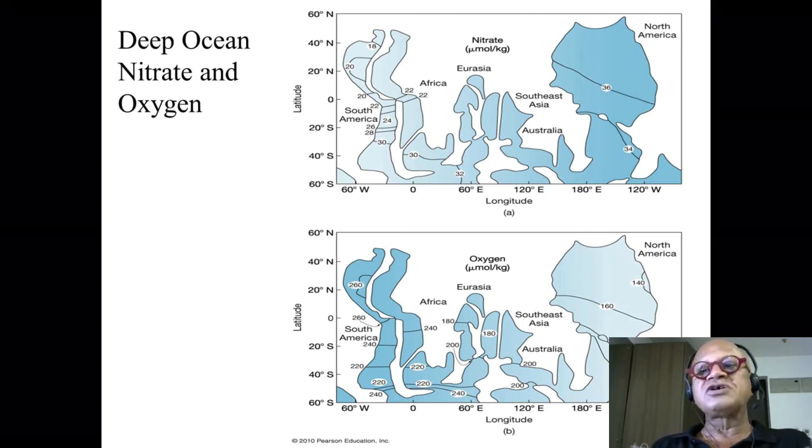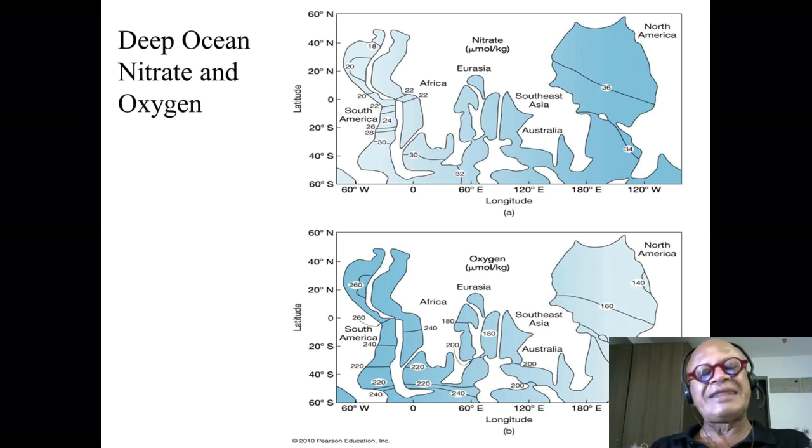So the waters here, obviously there is productivity near the surface, recycling, but falling to the bottom. So there is accumulation for a long time of nitrate in the bottom water in the North Pacific. By the same token, high oxygen waters near the surface are sinking here. So deep waters have high oxygen here.